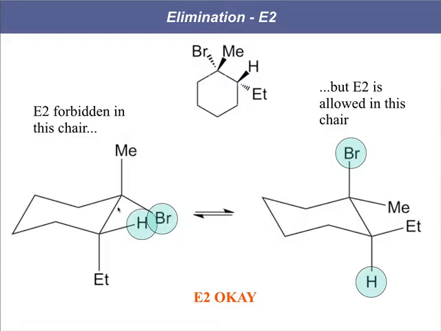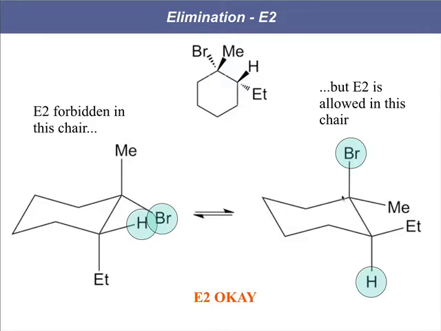But remember that we can do chair flips. And if we flip this chair, remember that any group that was equatorial ends up flipping to be axial. So if we flip that, here's our bromine up, axial, and here's our hydrogen down, axial. Now we have a configuration where the two groups are aligned properly.